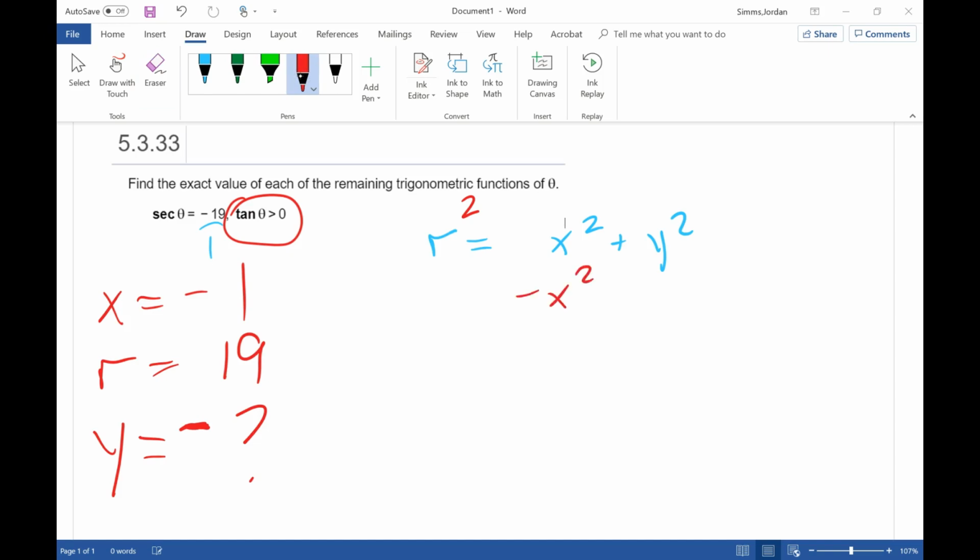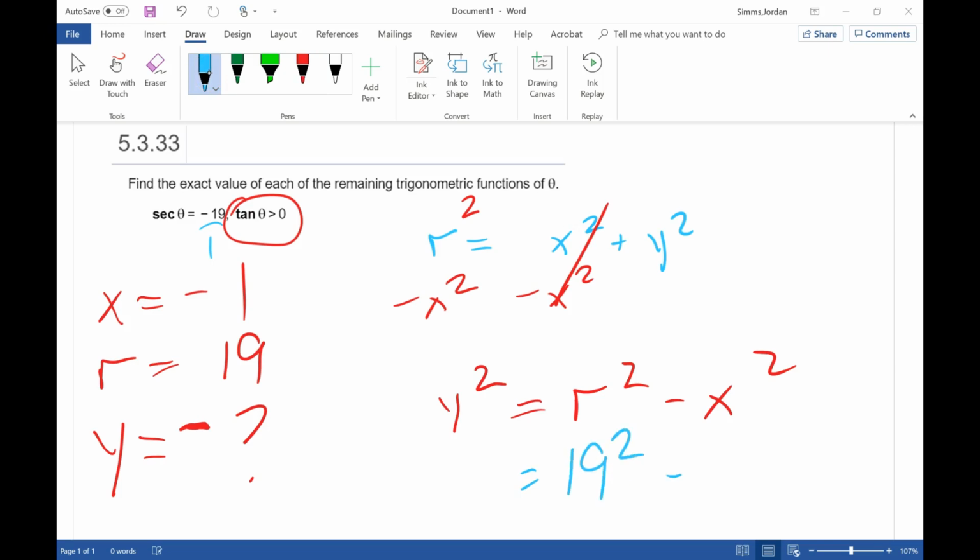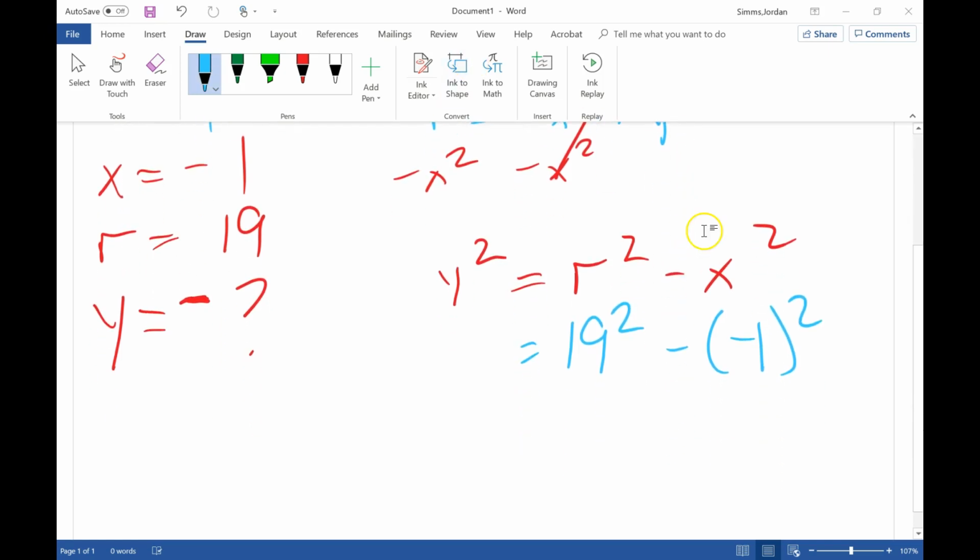I can just subtract x squared from both sides. So therefore, if I just swap the sides here, y squared is going to equal r squared minus x squared. Now I know what r squared is. It's 19 squared minus x being negative 1, quantity squared, and we can figure out what y squared is from there.